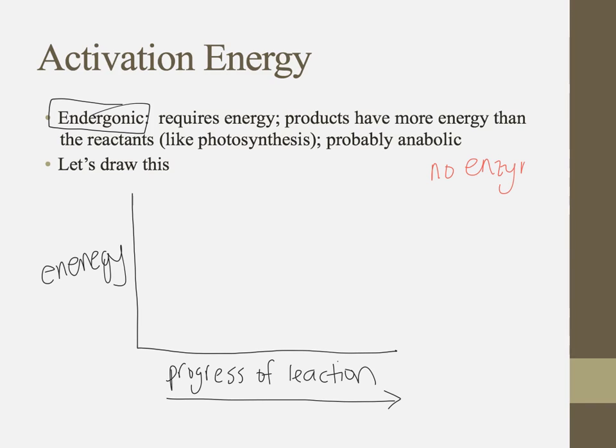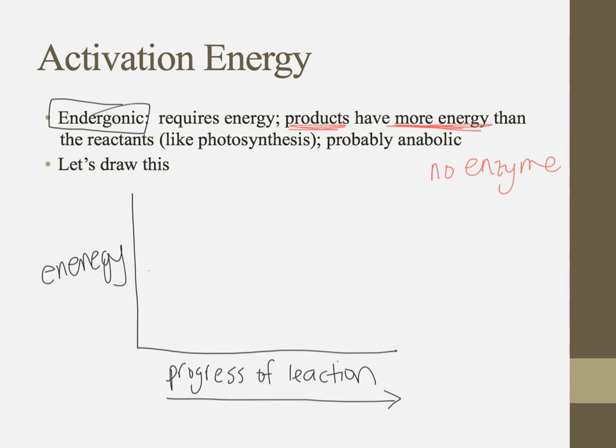You can do it as a solid line or dotted line, whatever. In an endergonic reaction, the products, what we end up with, are going to have more energy than the reactants. Now, don't forget, we also have to include the activation energy. So that's going to look something like this.